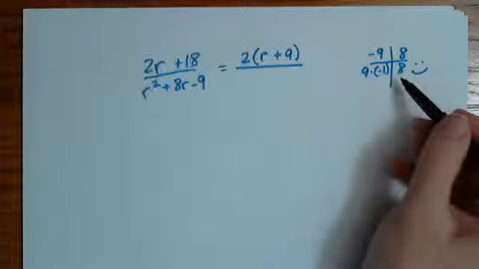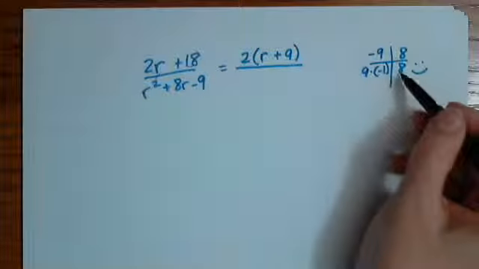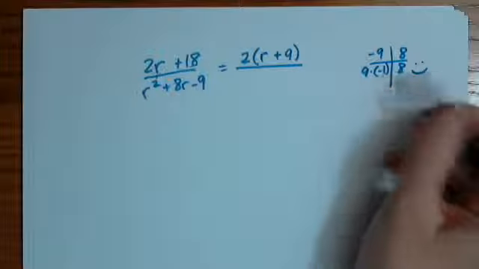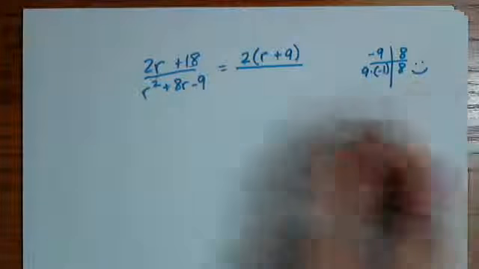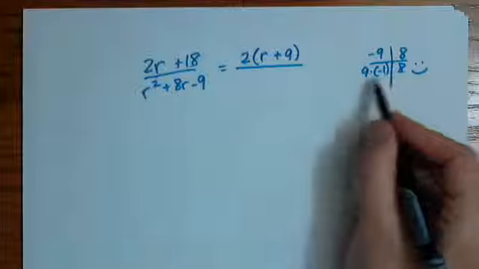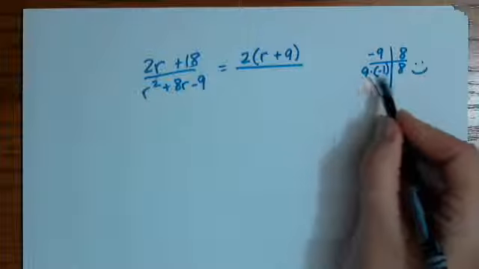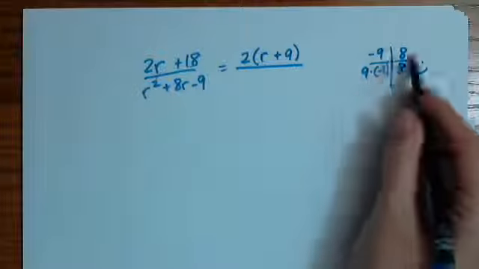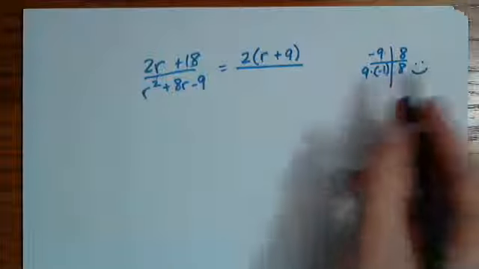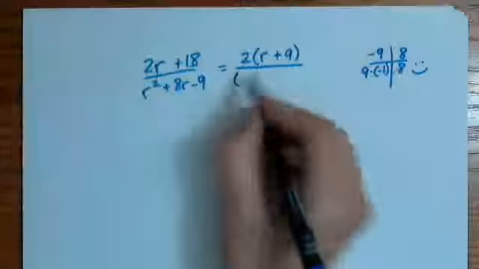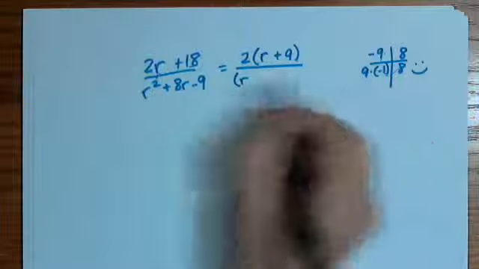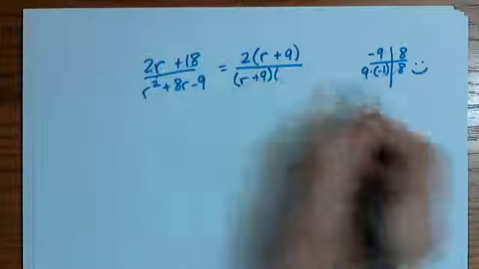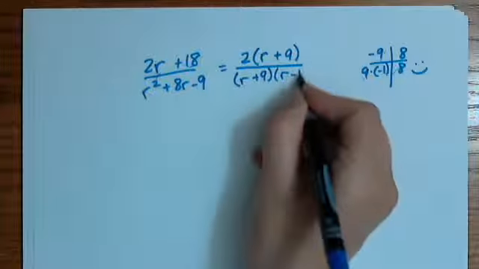Gosh, you'd think that I've been doing these for 20 years the way that this just happened so quickly, right? Okay, so if this is the way that we can do this multiplication to a -9 and add to a +8, that means we can factor it as r plus 9 and r minus 1.